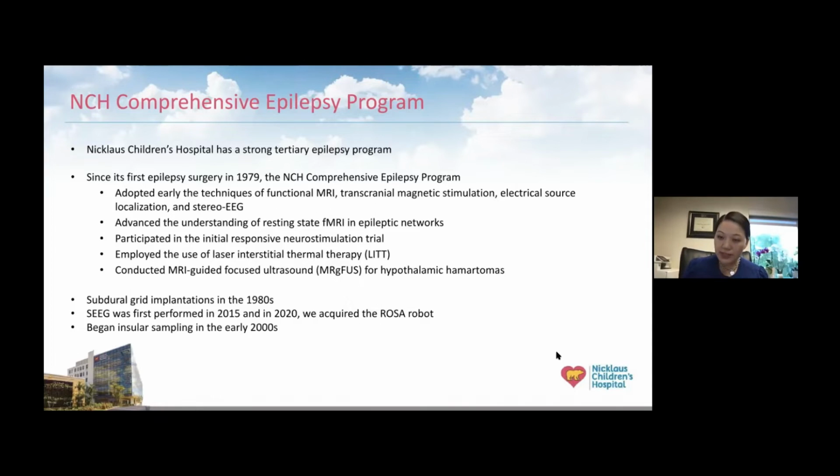So we've recently reassessed our large experience with SEEG, and we're able to identify quite a few patients who had insular epilepsy assessed through SEEG and subdural grid electrodes. And we first recognized the value of understanding the insula for epilepsy, and we first began insular sampling in the early 2000s.